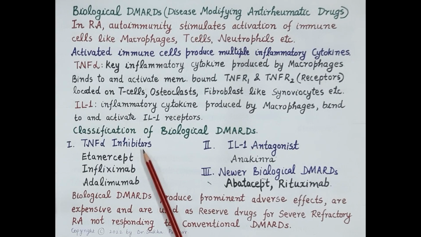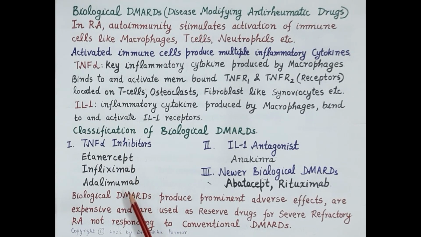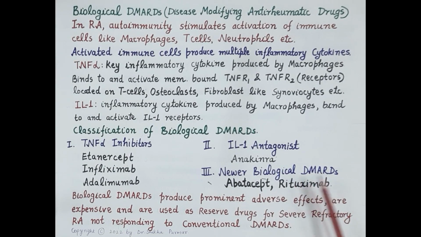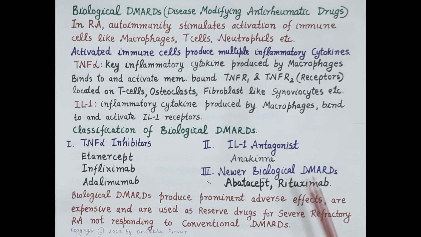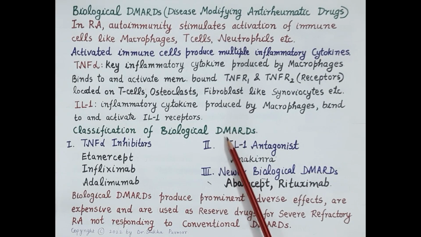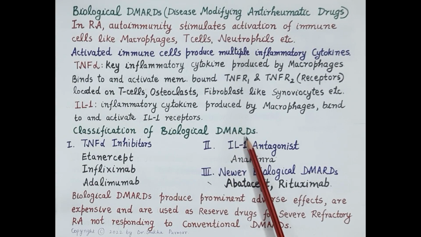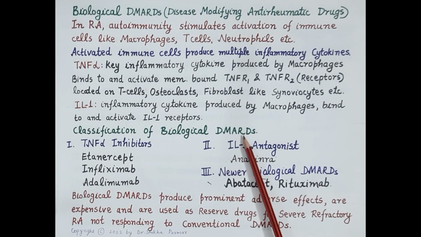Now this category of drugs includes drugs like etanercept, infliximab, adalimumab, then interleukin 1 antagonist, that is anakinra, and newer biological DMARDs like abatacept and rituximab. Now DMARDs produce potential adverse effects. Now adverse effects of biological DMARDs are more serious compared to non-biological conventional DMARDs.